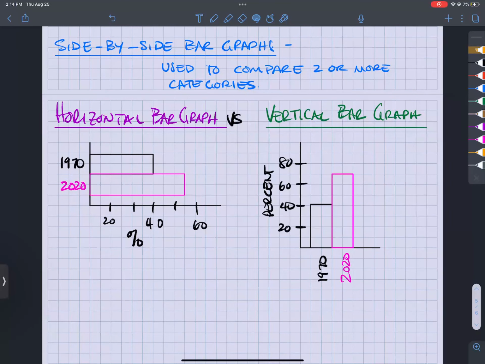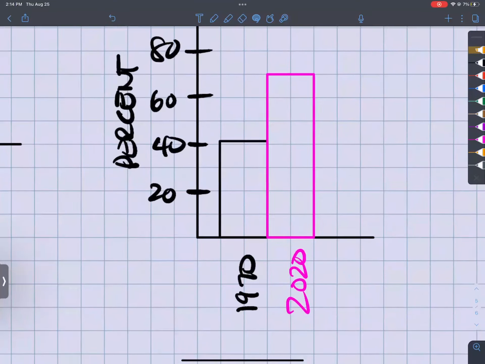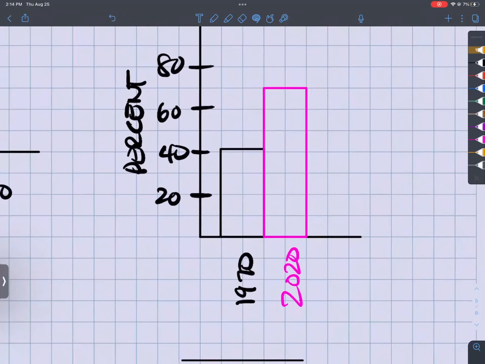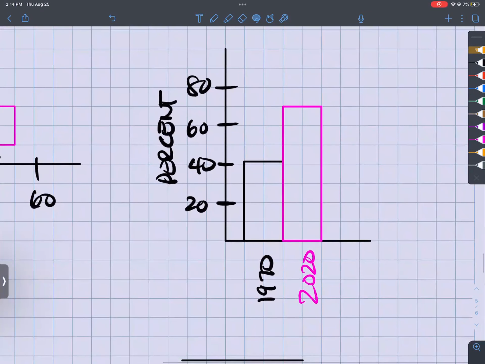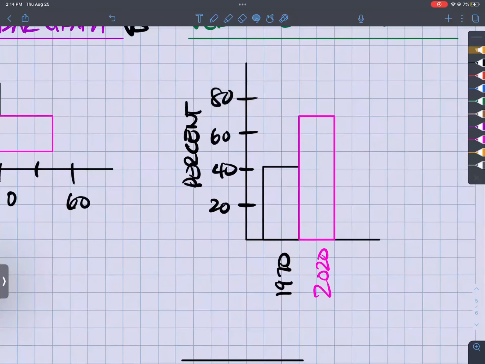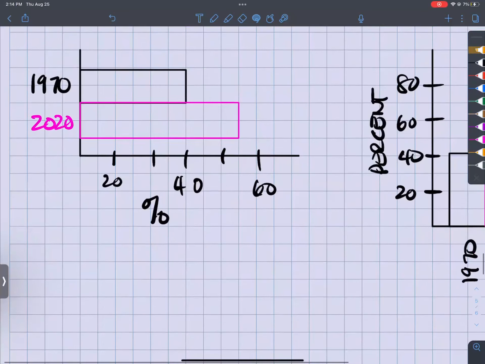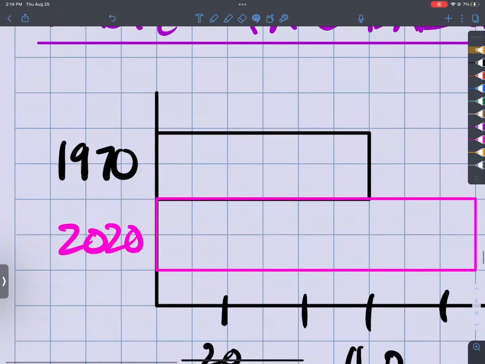If you notice here, what people think is important information would be the years, right? Is it 1970 or is it 2020? Here it is a little bit harder to read because that important information has to be read sideways, where here it is pretty straightforward.